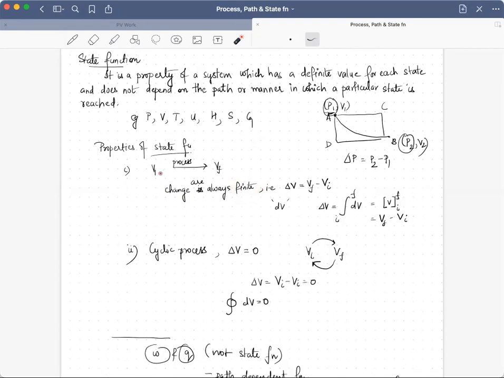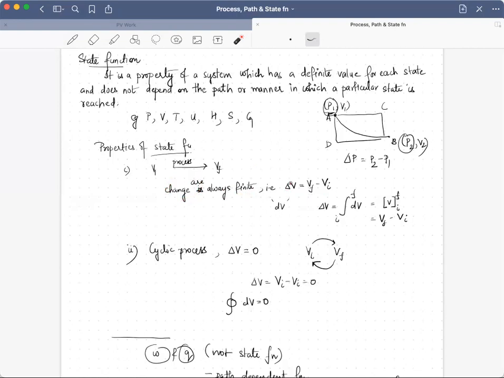For example, if we talk in terms of a state function like volume, suppose the volume at the initial state is Vi, and the system undergoes a process or follows a path to change the value of the volume to Vf, the final state of the system. Now, if I ask you to calculate the change, it would be simply Vf minus Vi. So there is a finite value for this particular change in state.